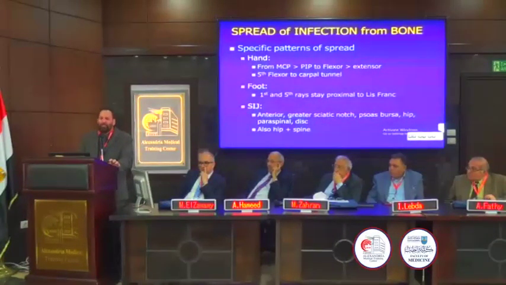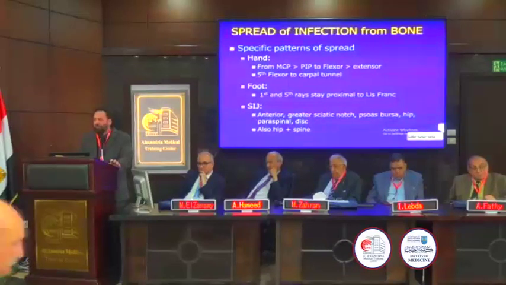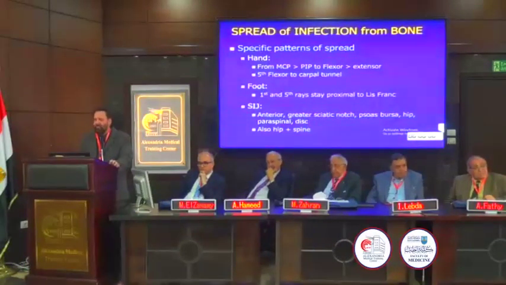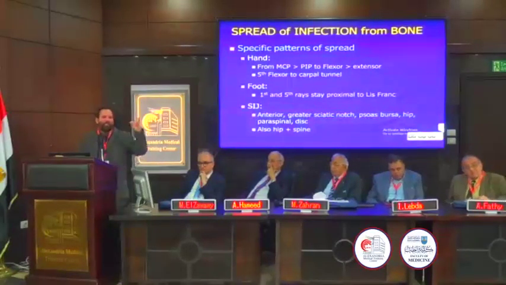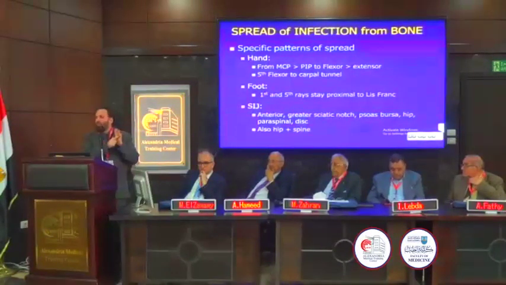But there's a specific pattern of how it spreads within the musculoskeletal system. For example, when you get infections of the metacarpal phalangeal joints, it typically spreads to the flexor tendon, not the extensor tendon. If I get an infection of my fifth digit, that will spread to my carpal tunnel, but the second, third, and fourth will not.